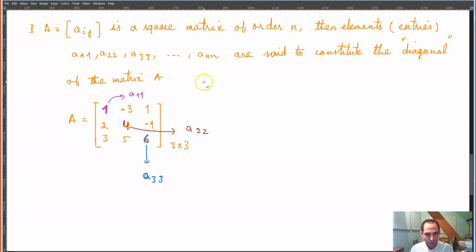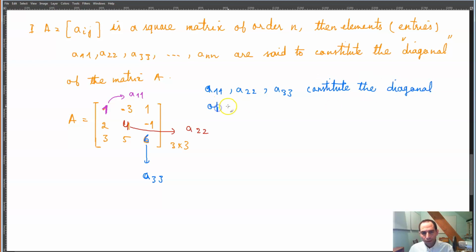These elements, therefore A11, A22, and A33, constitute the diagonal of matrix A, right? And the elements of the diagonal of A are basically 1, 4, and 6, in this case, right?